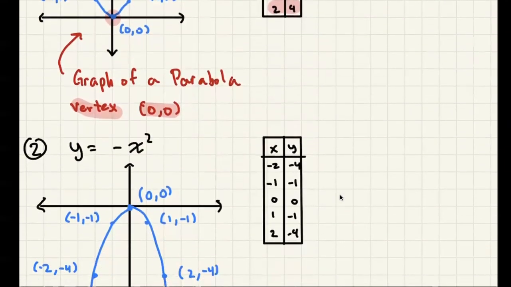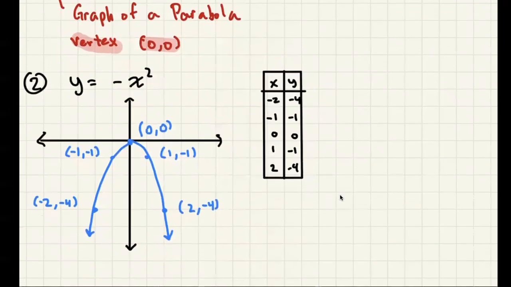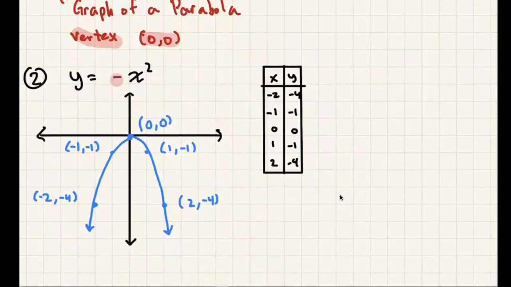Similarly, if you have negative x squared, the negative in front of x squared just flips our graph. So our vertex is still (0, 0). The only thing that happens is we change all our y values from positive to negative. So instead of (-2, 4), you have (-2, -4), (-1, -1), (0, 0), (1, -1), and (2, -4).